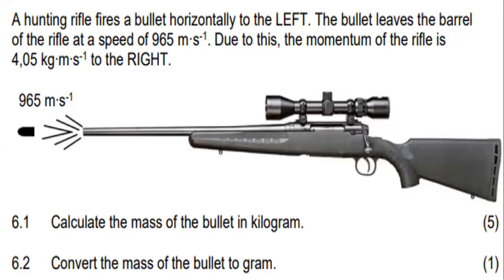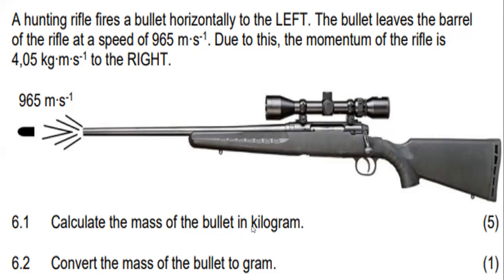And you've seen when people shoot, immediately when the bullet comes out of the rifle or a gun, any gun in particular, the rifle itself will then move backwards. And the backwards in this case will be to the right for the rifle. But definitely the bullet will move to the left. So we are required to calculate the mass of the bullet in kilograms.